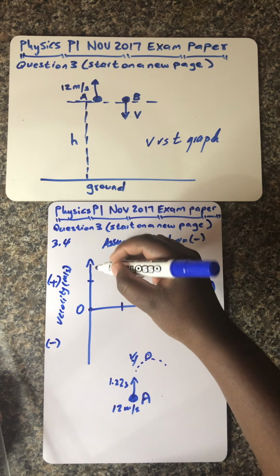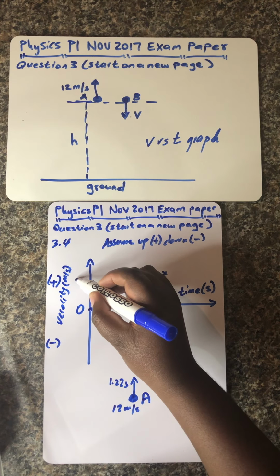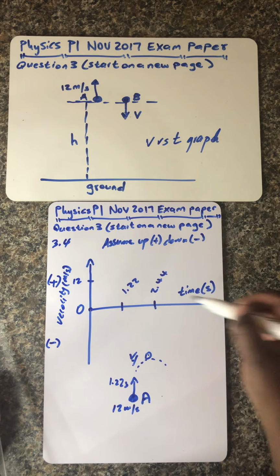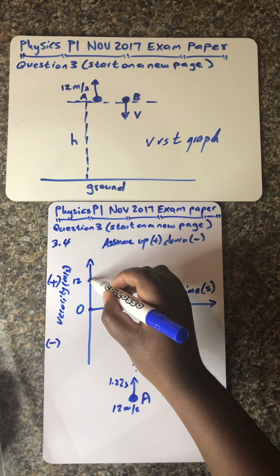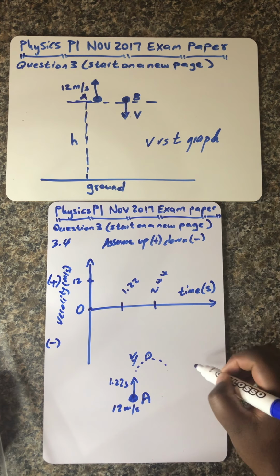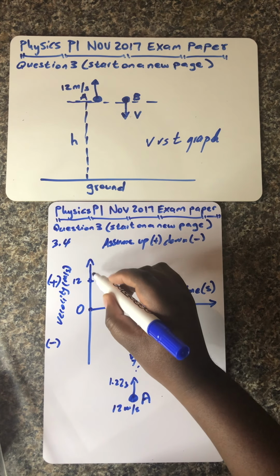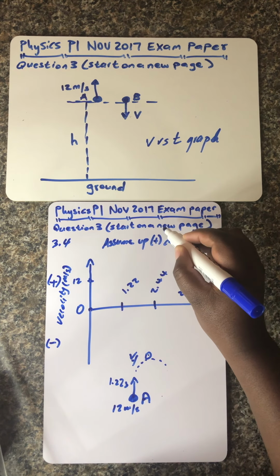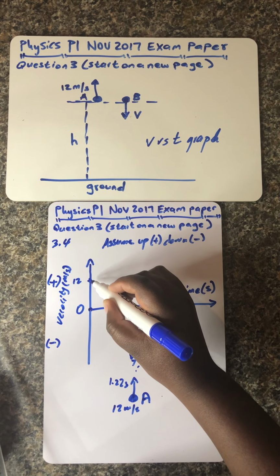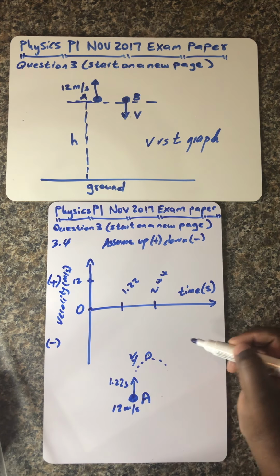Does the graph start from where it's 12 meters per second, and does it go in that direction or in that direction? It cannot go in that direction, because it would seem as if, as it goes up over time, its velocity increases.